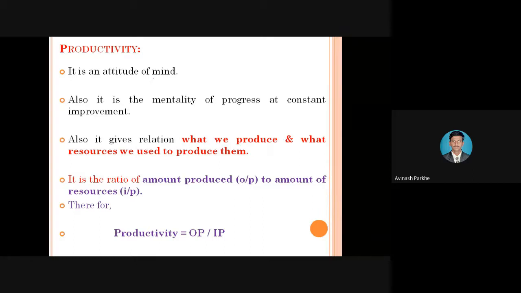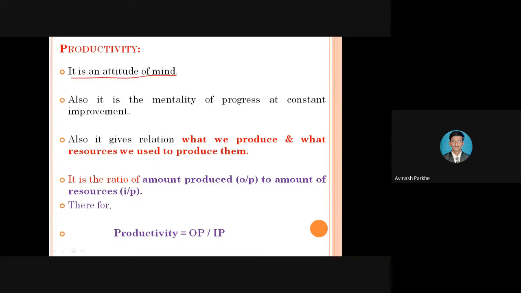If the worker is taking maximum fatigue, if he is unhappy while performing the operation on the machine, at that time it will create problems in production. So the first sentence is, productivity is the attitude of mind.